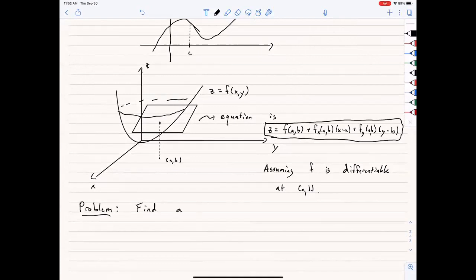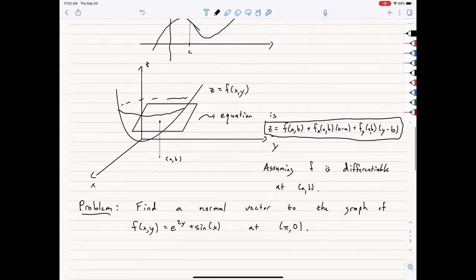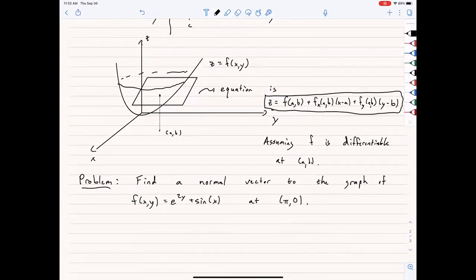Let's find a normal vector to the graph of f(x, y) equals e to the 2y plus sine x at the point (pi, 0). Find a normal vector to the graph of this guy at this point.